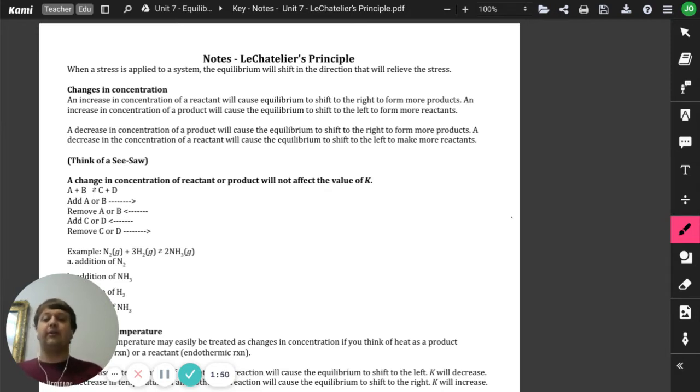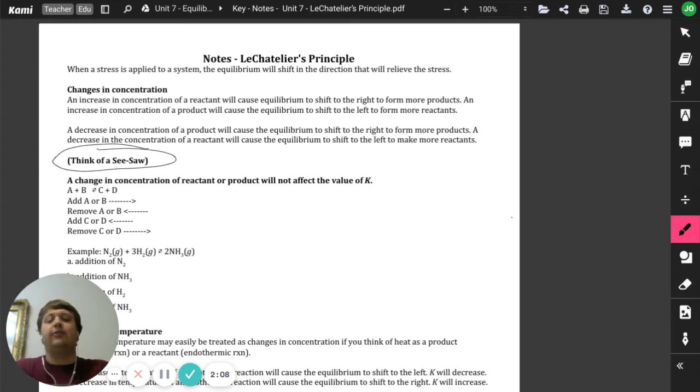Now, what happens if I decrease my concentration of the products? Well, if I decrease the concentration of the products, that will cause my equilibrium to shift to the product side so that we would form more products, okay? If I decrease my reactants, then it would shift to the left side, the reactant side, to form more reactants, okay? Again, think seesaw.